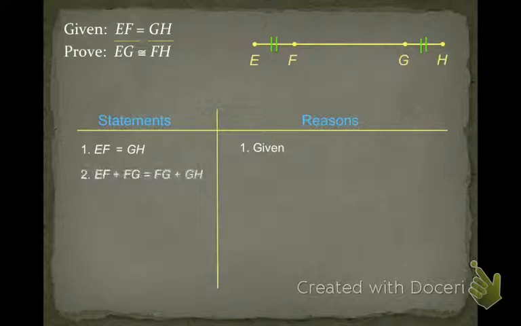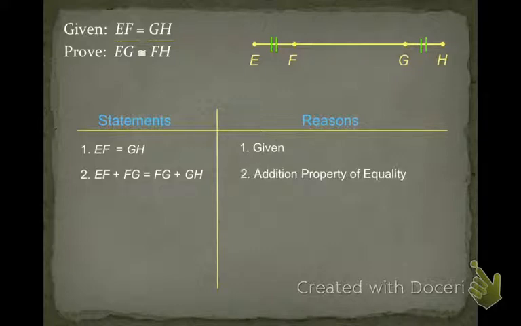So if that's true, you can see we add segment FG to both sides of the equation. What we've done is we've taken our first line and we've added FG on the left side and we've added FG on the right side. Okay, so we're adding to both sides the same quantity. We can do that because of the addition property of equality.